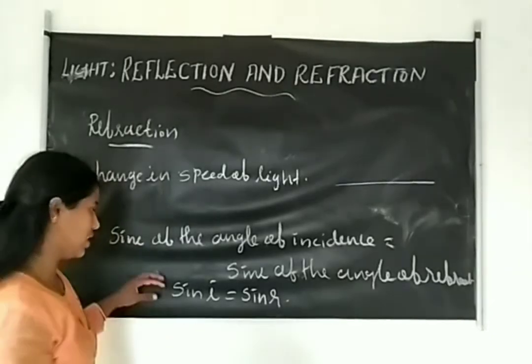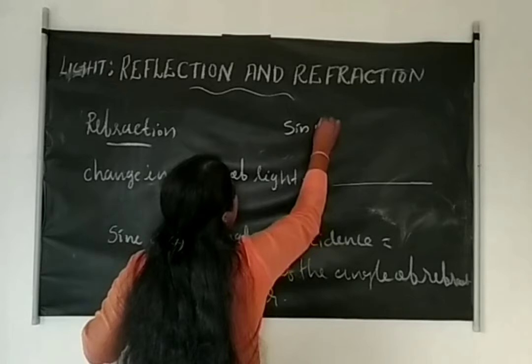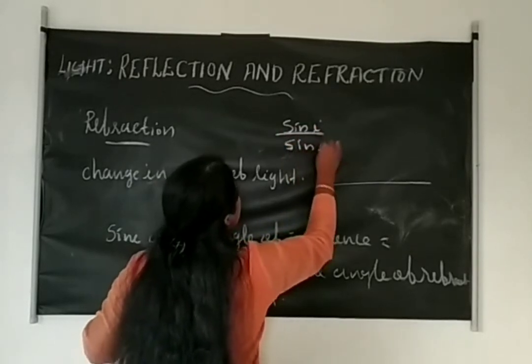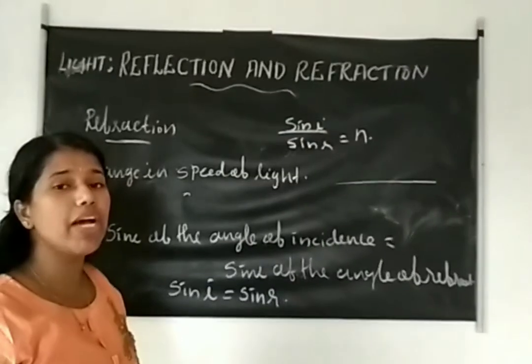We can write sine I, the sine of the angle of incidence, and sine R, the sine of the angle of refraction. Taking sine R to one side, the ratio of sine I to sine R is equal to a constant. We represent it by the letter n.